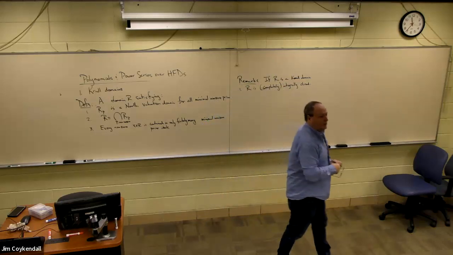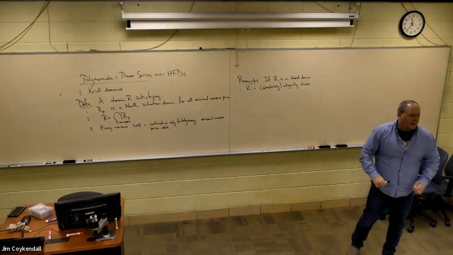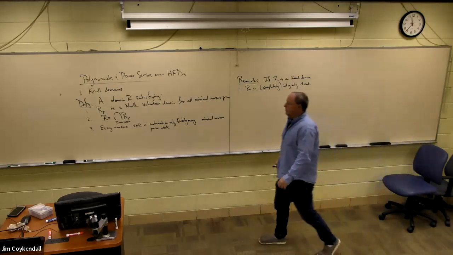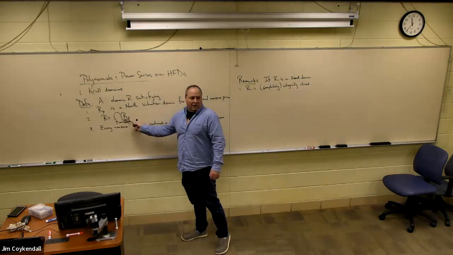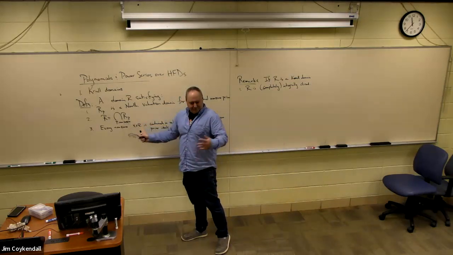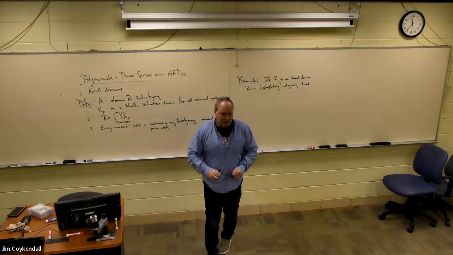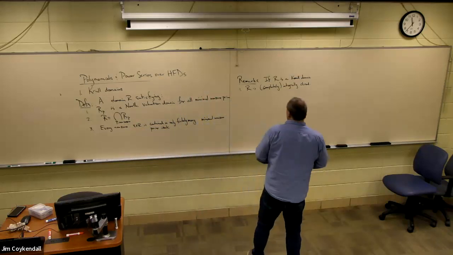In fact, it's completely integrally closed. And this actually follows immediately from this, because each R localized at P is a Noetherian valuation domain, so it's integrally closed, so R is an intersection of integrally closed domains.